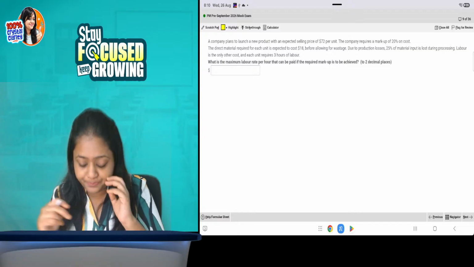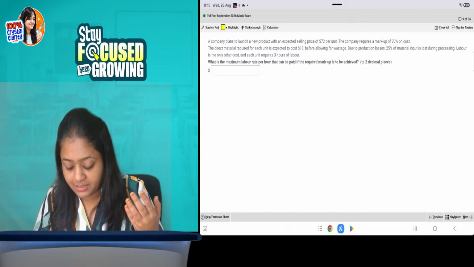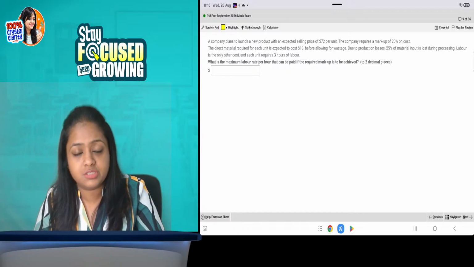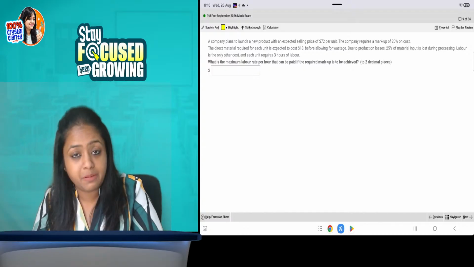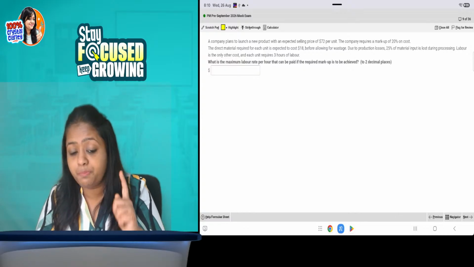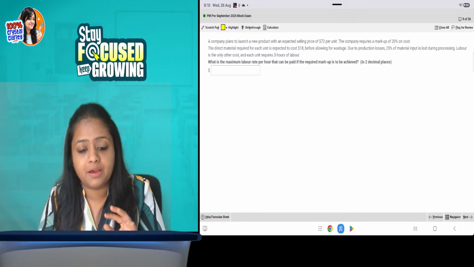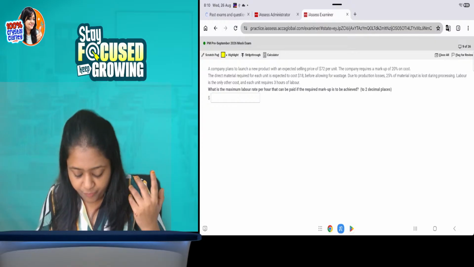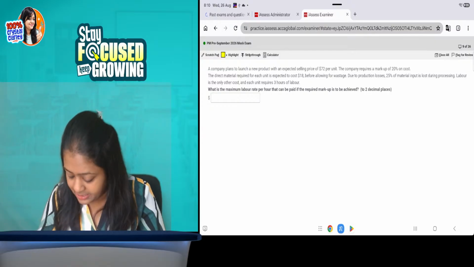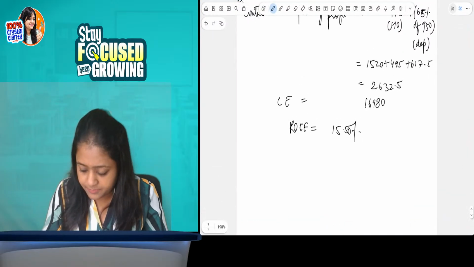The first step, get the cost, then from cost reduce the material cost, get the labor cost, and divide it by 3, since 1 unit requires 3 hours of labor, so that you can get labor cost per hour, because the question asks for labor rate per hour. So first step, get the cost. I think it's pretty easy. Here let's get the cost.